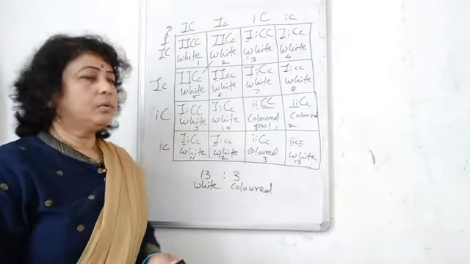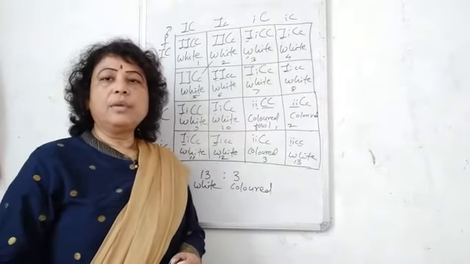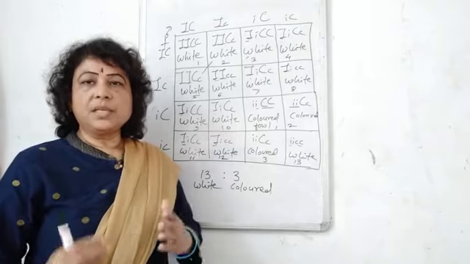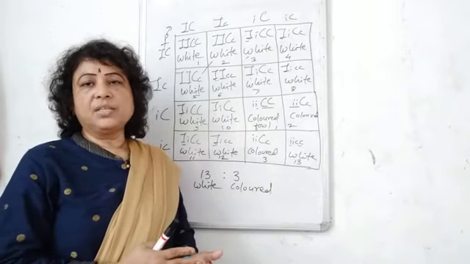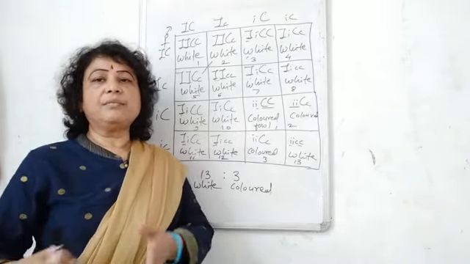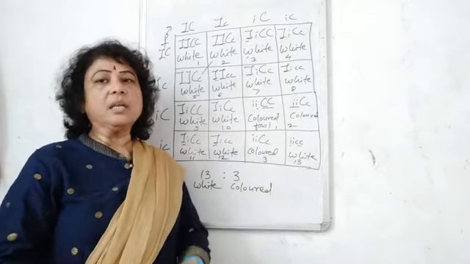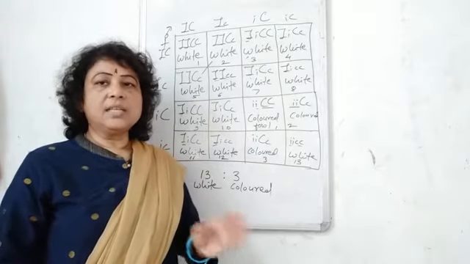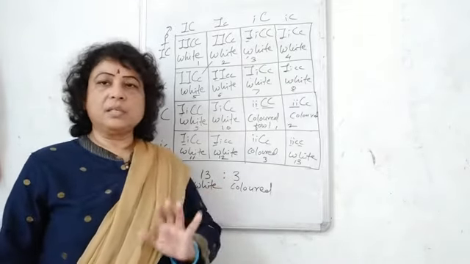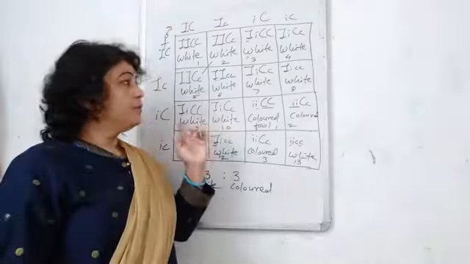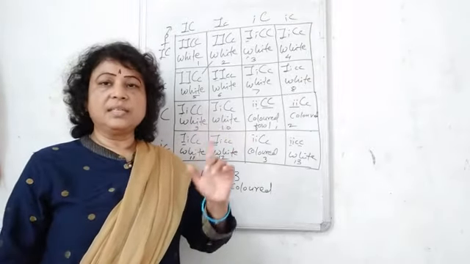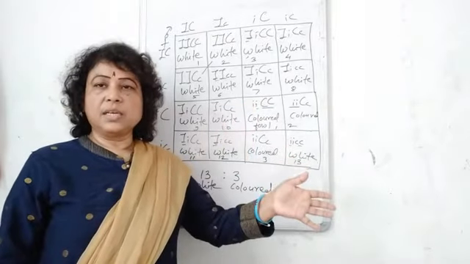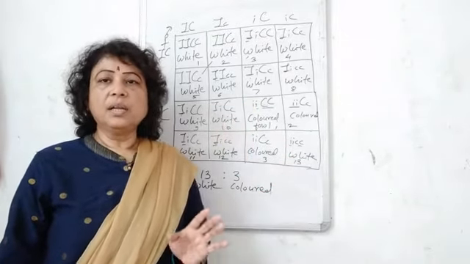Okay. So in today's lecture, we have discussed the inhibitory genes. The inhibitory genes means the epistatic genes. It inhibits the color formation, or it inhibits the phenotypic expression of another gene. So I inhibits the color formation, therefore it is the inhibitory gene. When I is in dominant condition, I is the epistatic gene, so it masks the effect of C, that is another hypostatic gene which is responsible to produce the color.